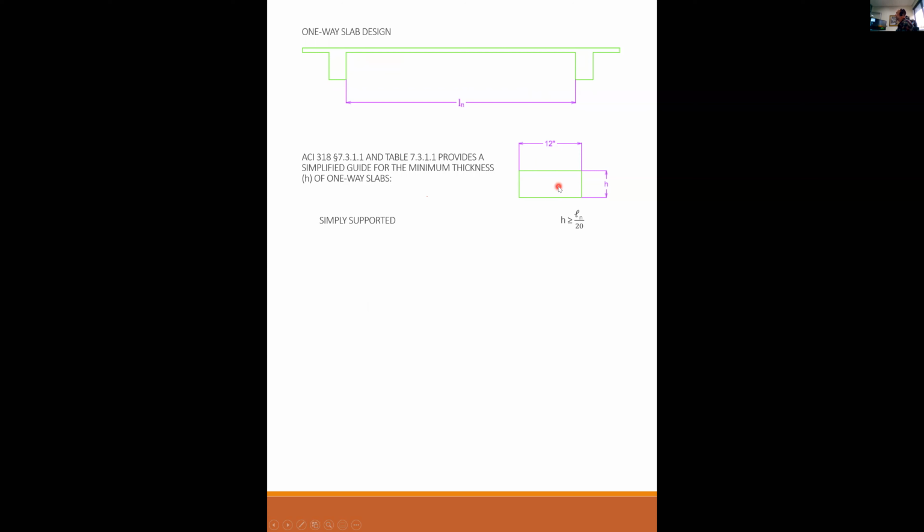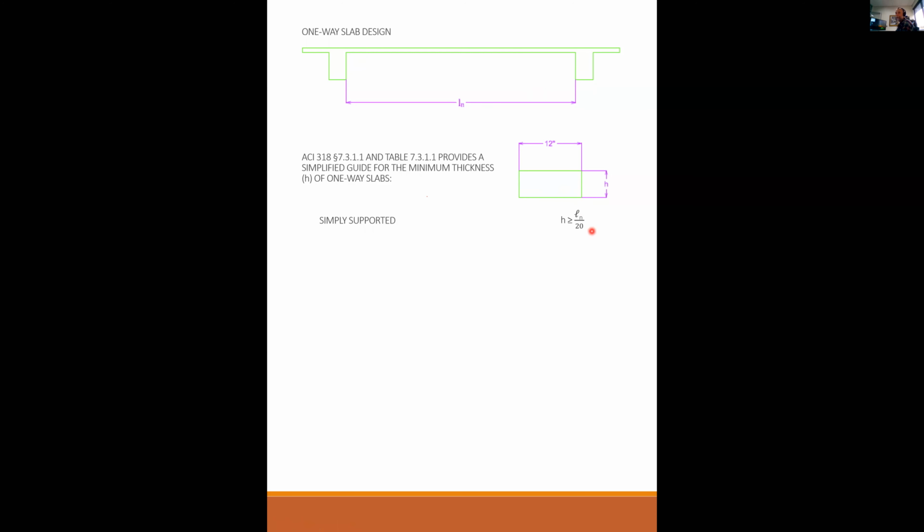To get you into the ballpark of how high h wants to be, you follow this table, which I'm basically just reproducing for you. If the one-way slab is simply supported, on rollers at both ends, then h should be greater than or equal to the clear span L sub n divided by 20.